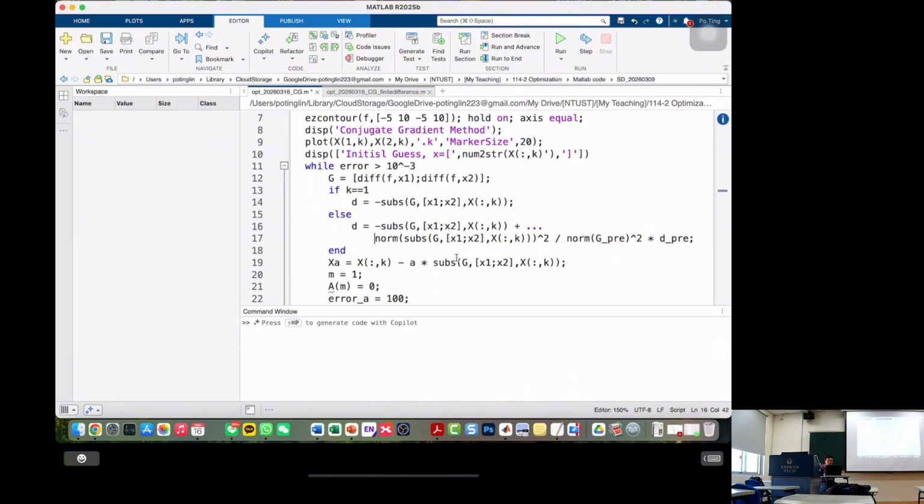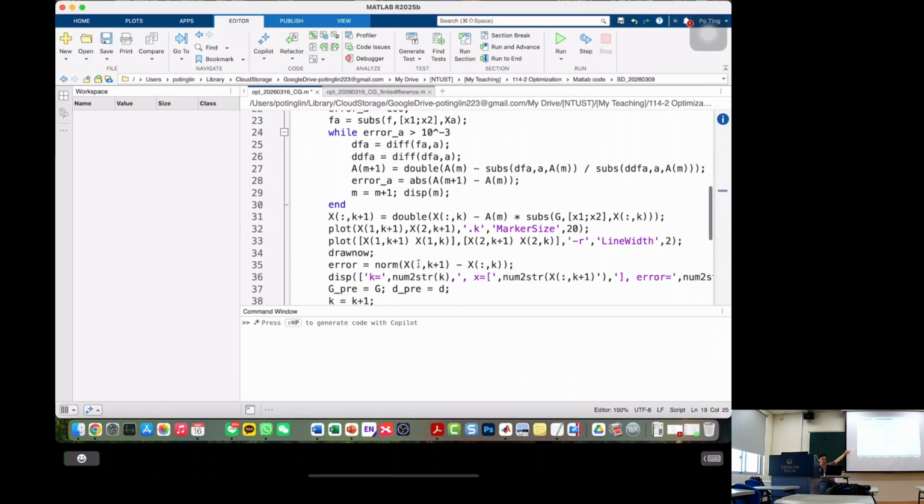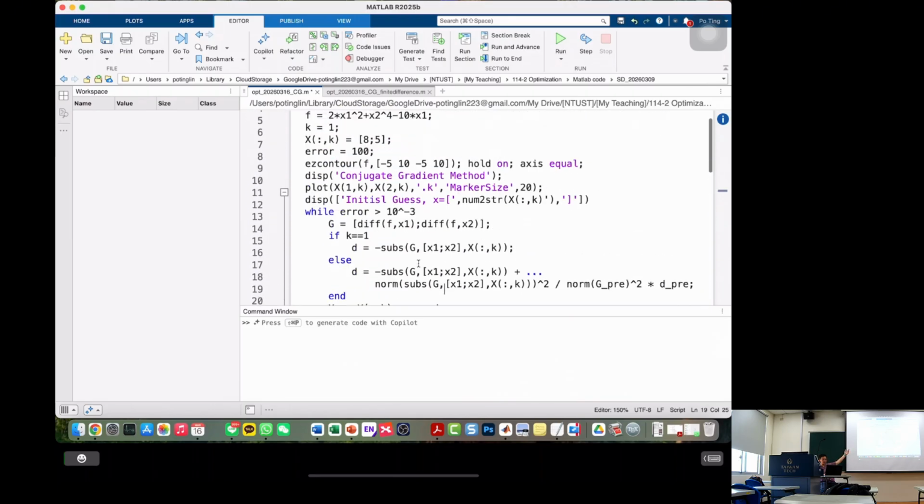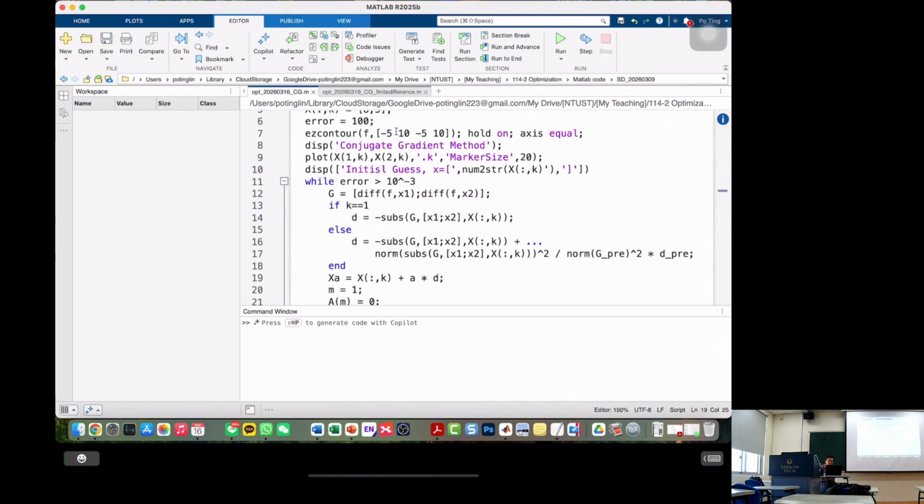So here it will be plus the d. So in the first iteration, this is basically steepest descent. In the second iteration, I will have this new term. And the rest will be the line search that I had earlier, last week. I think that's everything. So let's do the same thing for finite difference.